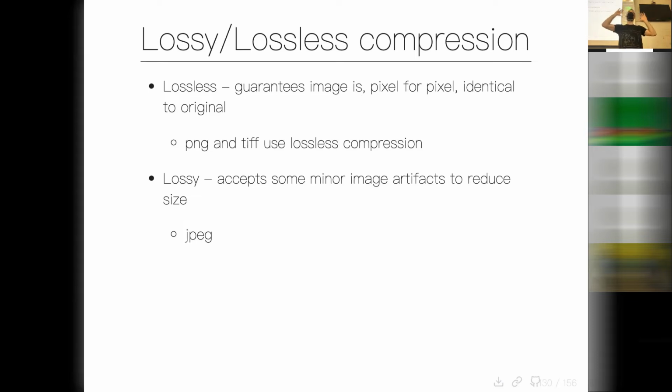So you have some original figure, it's like this big, right? And then you save it to a different size usually. So maybe you save it like this. If you use a lossless compression, it is going to guarantee that that image is going to look exactly the same pixel for pixel, okay? So PNG and TIFF use lossless compression.